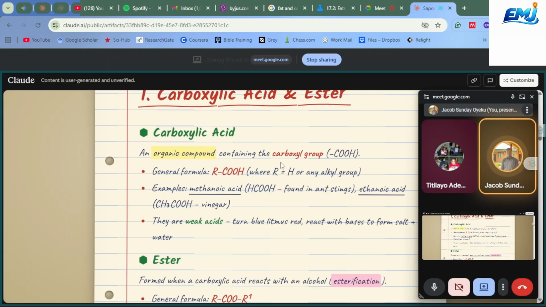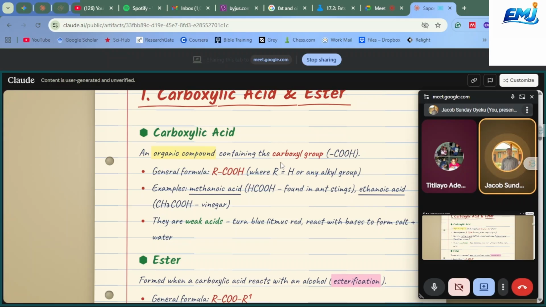A carboxylic acid and an ester are both contained in the saponification process, right? So one of the things you need to do very well to understand this entire thing is to identify them differently and be able to spot them.